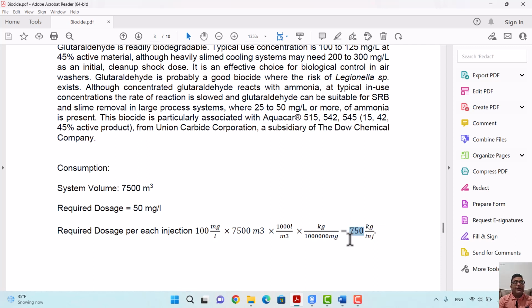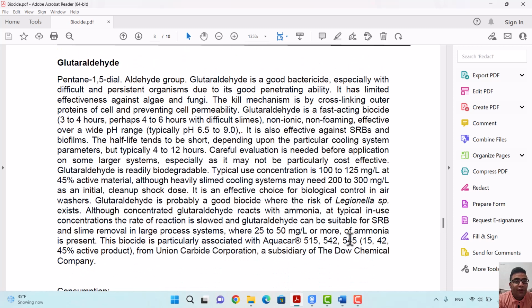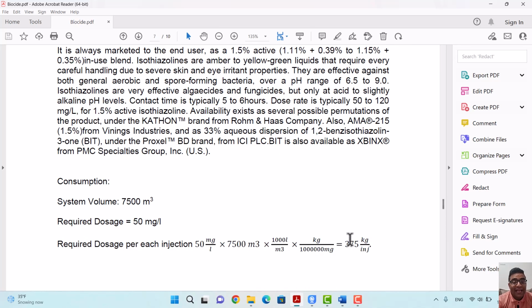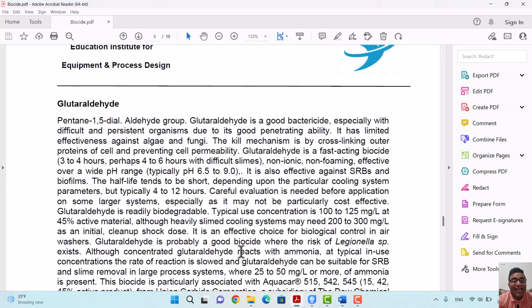Since my injection is on a 2-week basis, I need 1600 kilograms, and each gallon contains 200 kilograms. It means I need 8 gallons per month of glutaraldehyde to be purchased and brought to site. But remember, for isothiazoline I needed 4 gallons. Here I need 8 gallons per month.